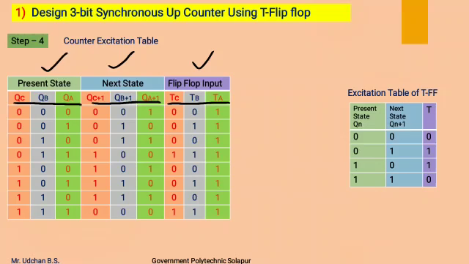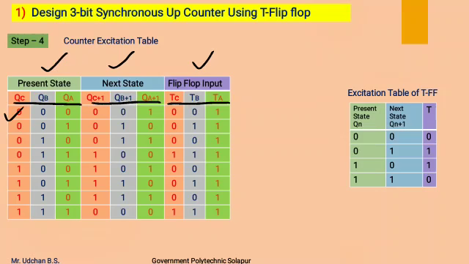So from this we have to write the next state of the counter after every clock pulse. So I can write the next state for the present state 000.